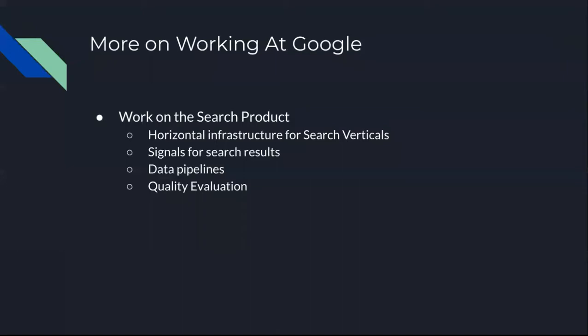When you enter a search and you see a box pop up for cars, or for flights, those are what we call verticals. We built infrastructure for those verticals to provide good search experiences for users. Other things I did involved data pipelines and quality evaluation, which is simply understanding how changes to code, how changes to the system, affect user experiences.